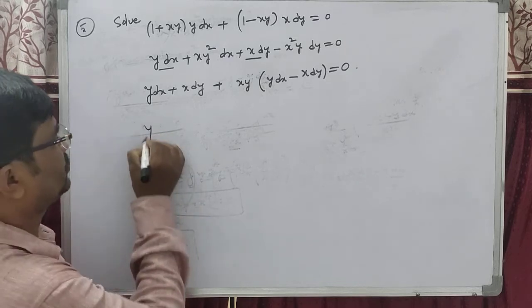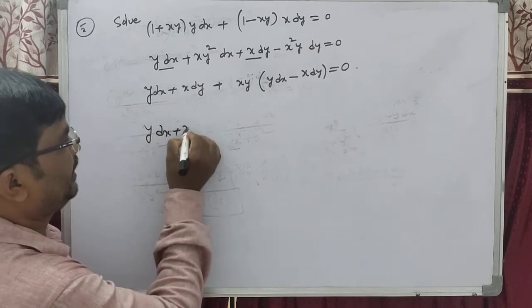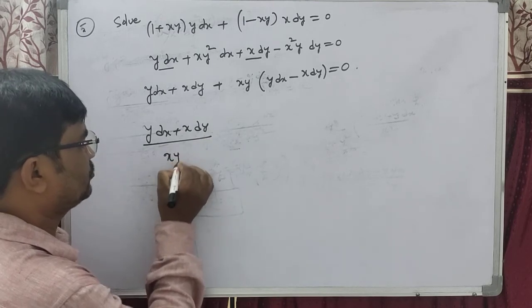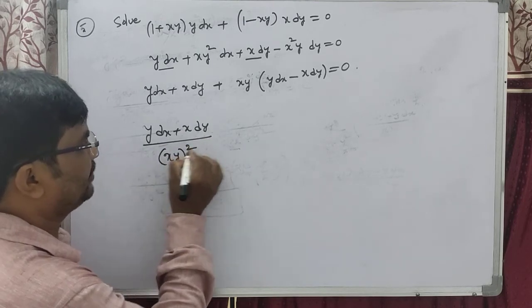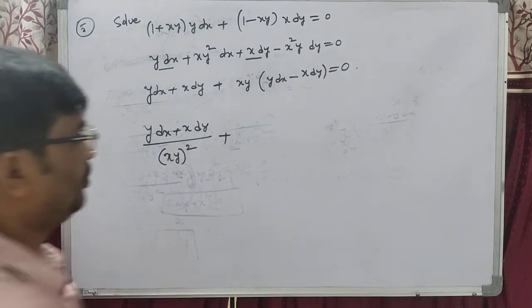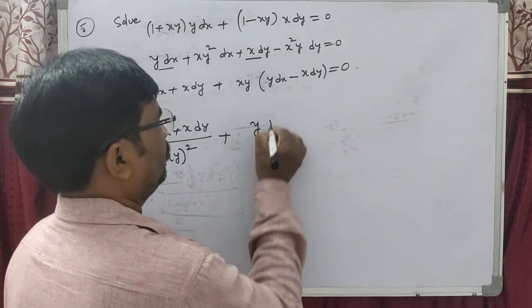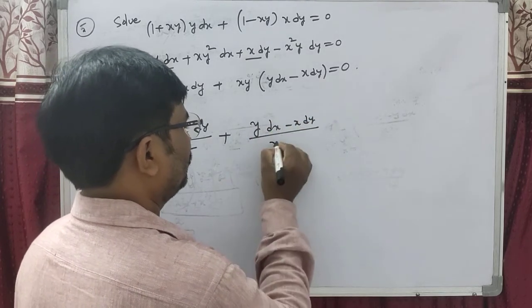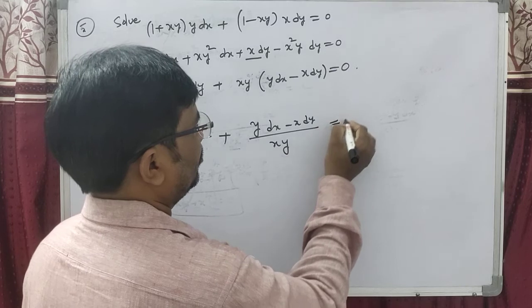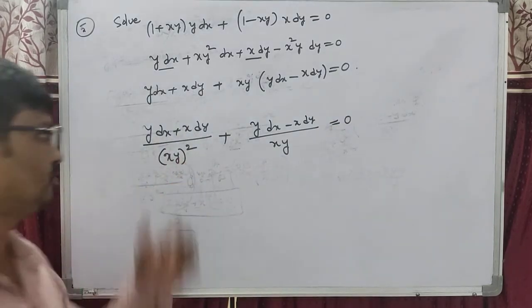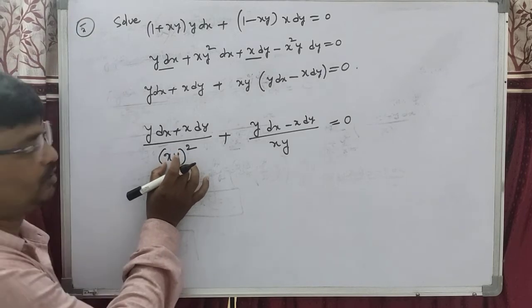My observation, students: y dx x dy by (xy) whole square. So why should I take that term only when you can divide it? That term is (xy) whole square.